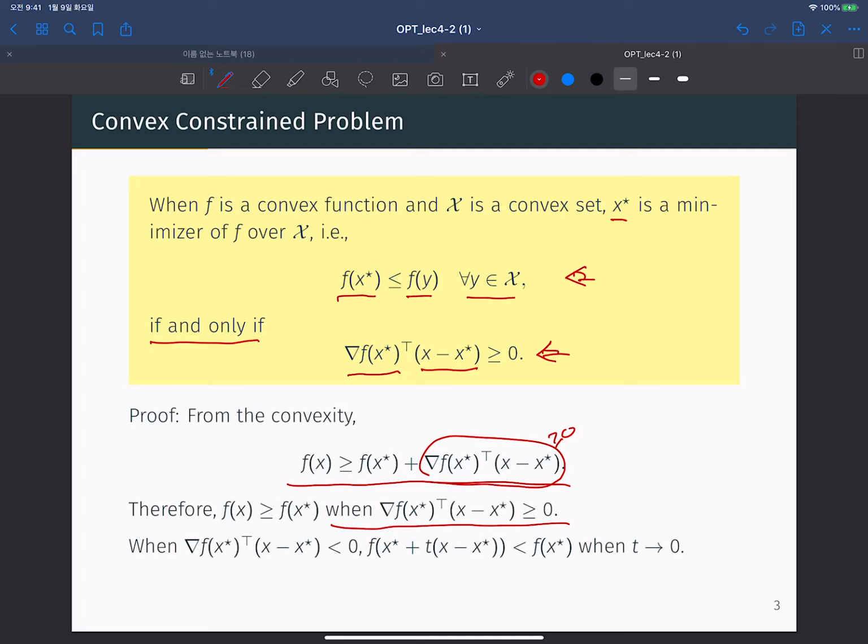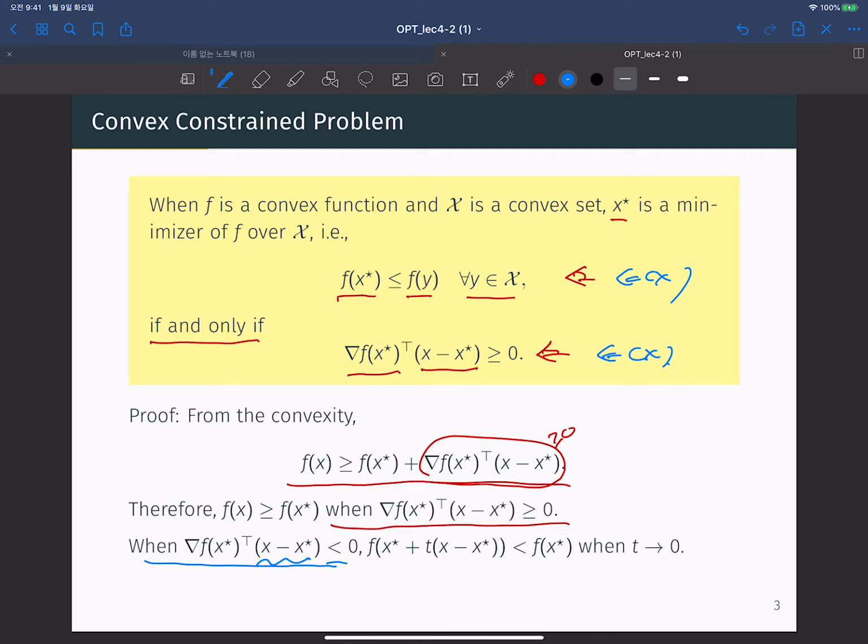The next one we have to check is when this is not true, this is also not true. So let's assume the gradient of f(x star) transpose (x minus x star) is strictly less than 0. Which means x minus x star is a decreasing direction for function f.